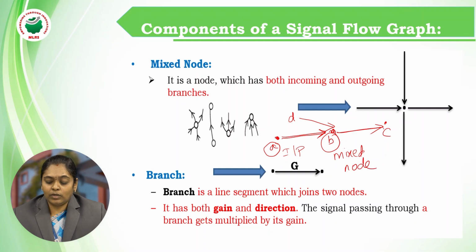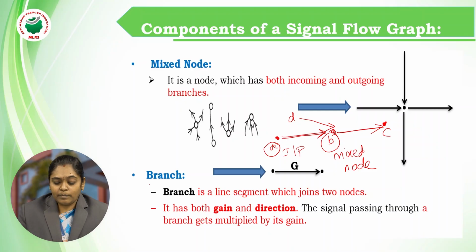But whereas coming to the node C, after coming the signal to the C, it is not transferring any other. So this is the last point where the signal is going to be stopped. So that particular node is nothing but called as an output node. So an output node consists of only the incoming branches, but there won't be any outgoing branches.